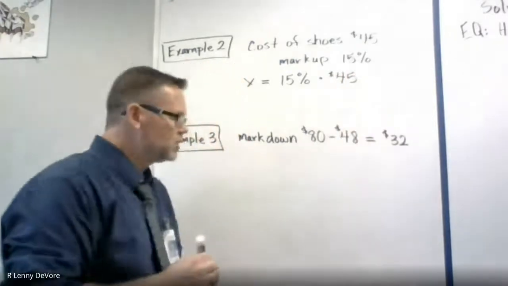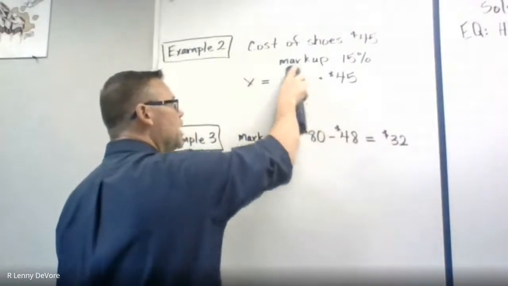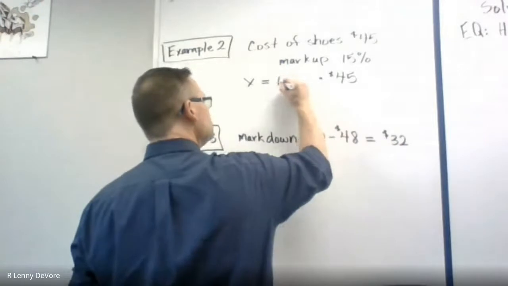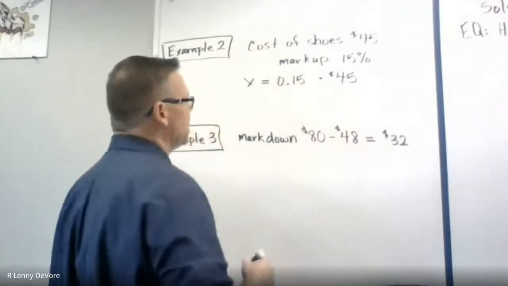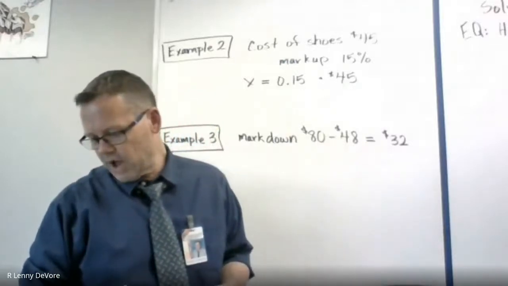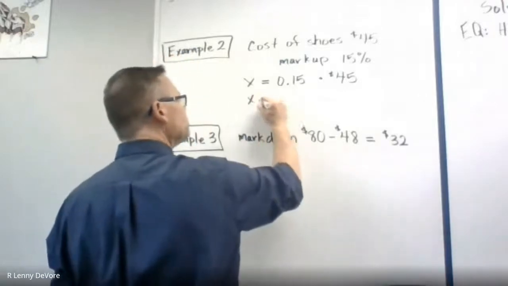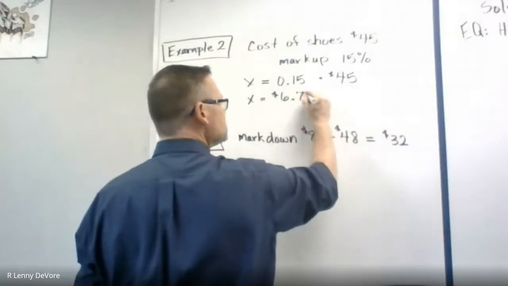Now, in order to actually get this, we have to go through and change the 15% to a decimal. In other words, this should be 0.15. Now, at this point, we can multiply them. If we multiply this, then you're going to find that you're going to get X equals $6.75.